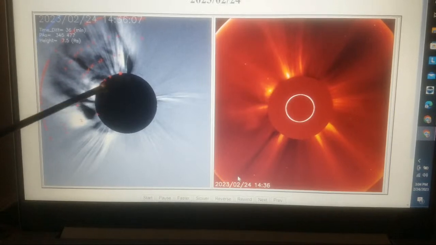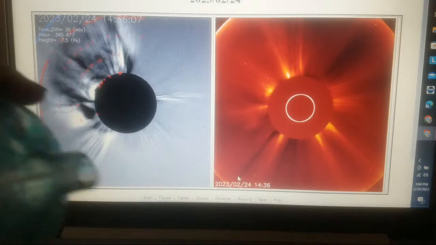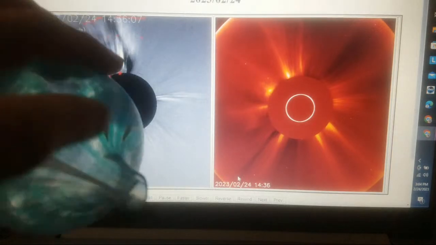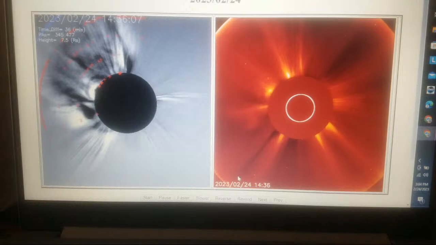You get this, what is it, like cone effect. Let me get my example. Okay, it's this effect right here of stuff spreading out and around a spherical object. Can you see it?